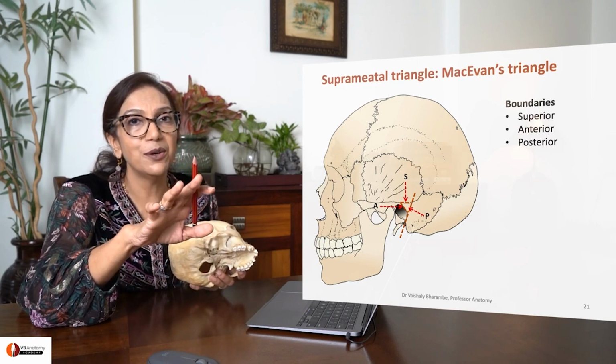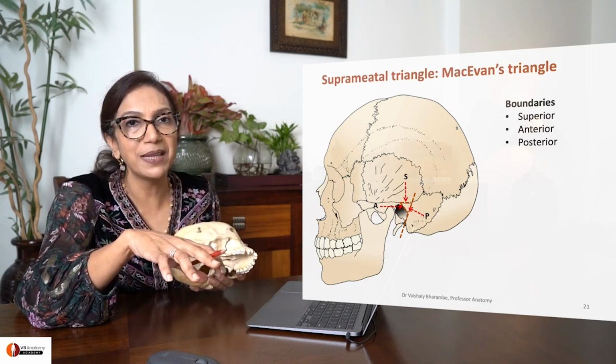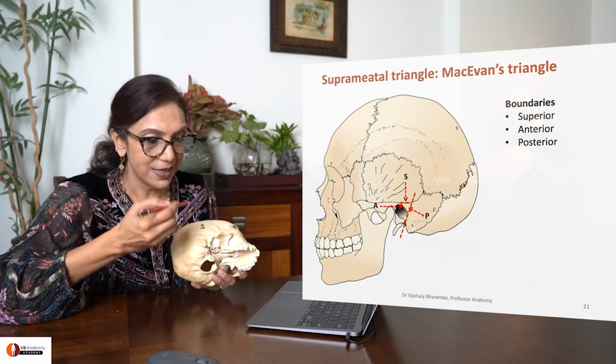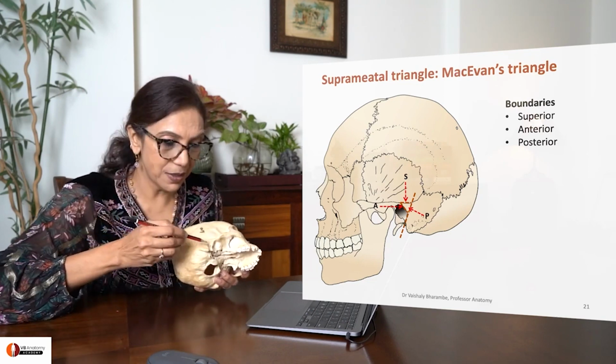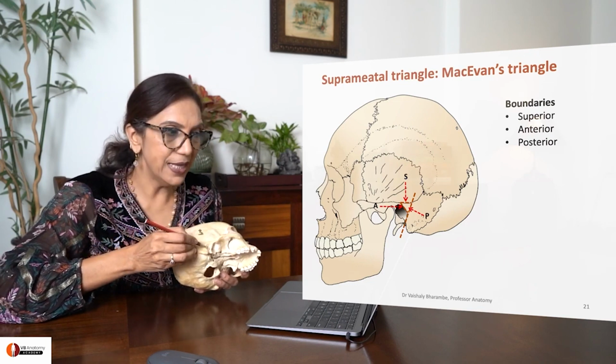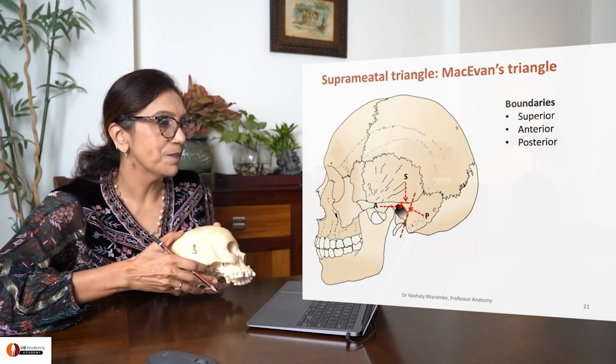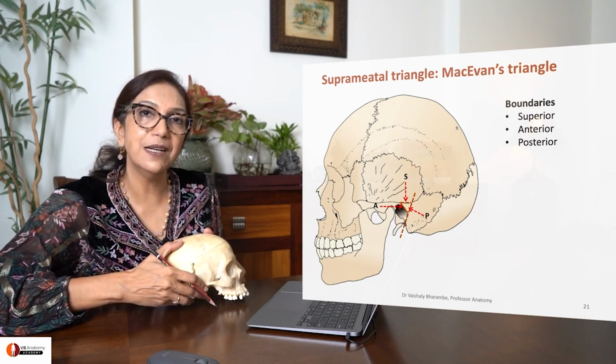You've done tangents long ago in mathematics, but just understand that you are drawing a line perpendicular to an arc at the edge of the arc, passing it upwards. The triangle thus formed is called the suprameatal triangle.